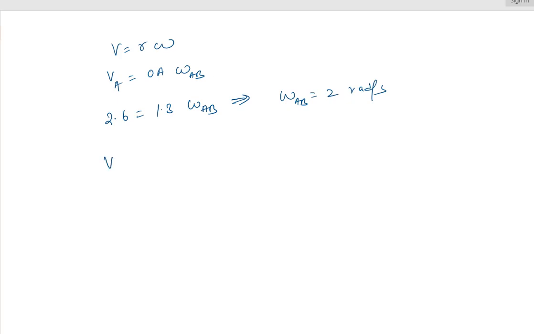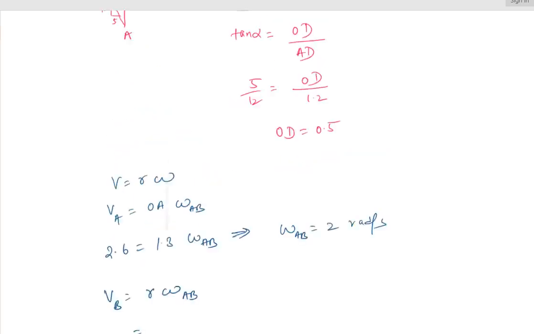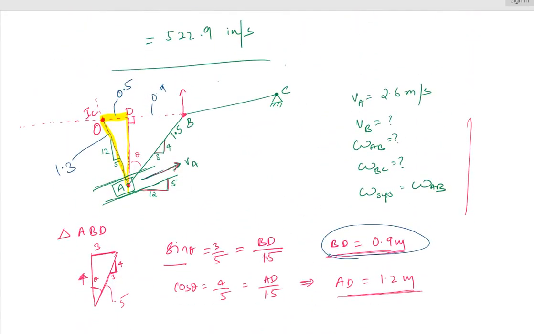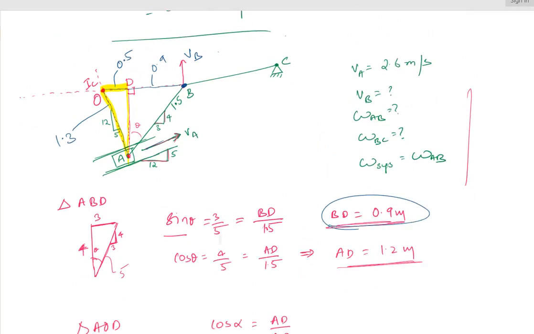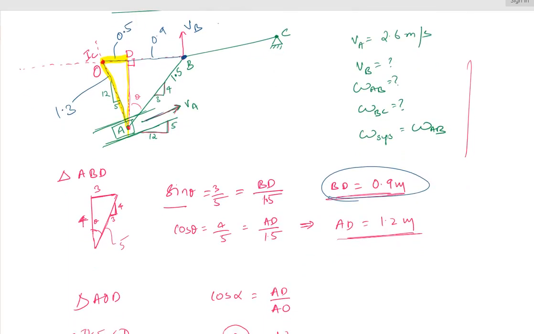Now if we look at VB, VB is equal to R omega AB. R in this case, for the point B, the radius is this, and this radius here is the sum of these two.